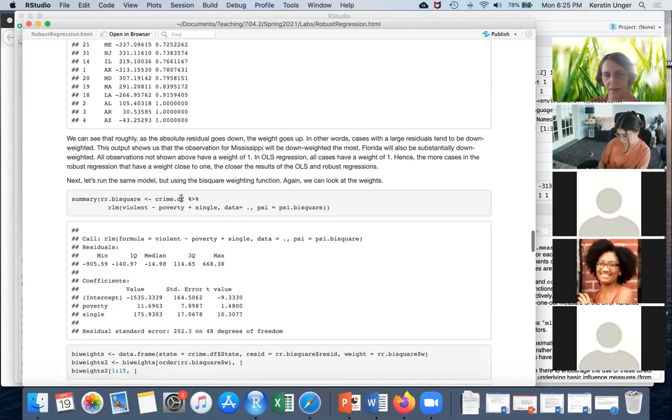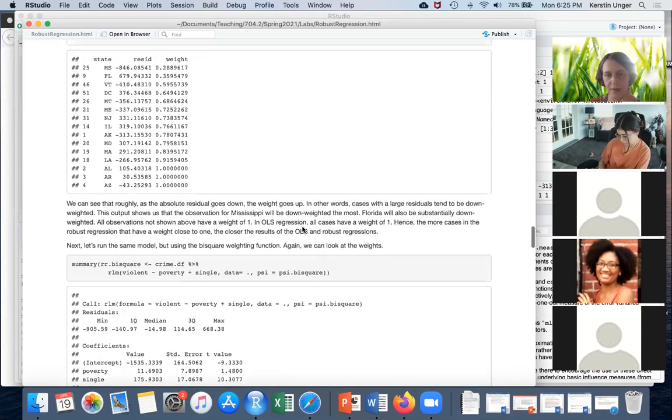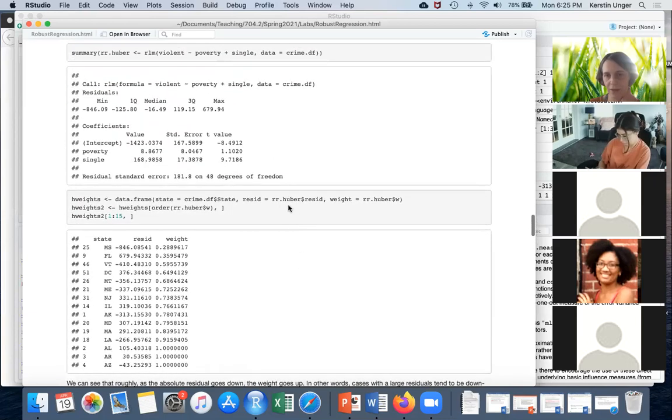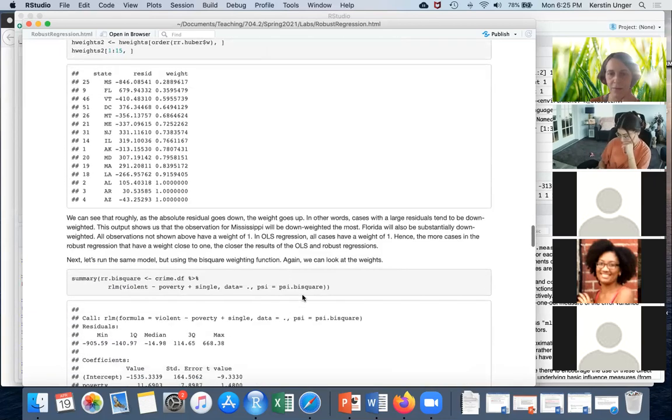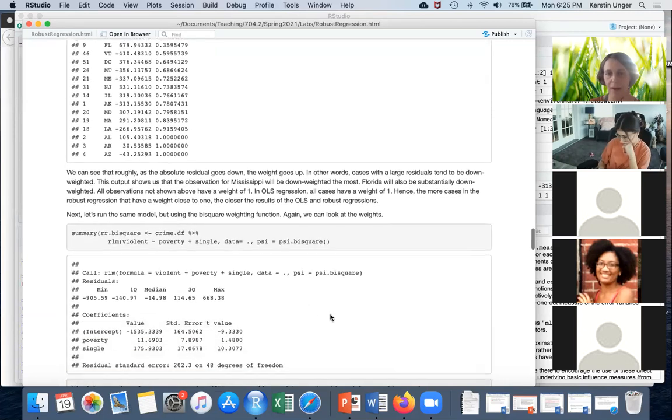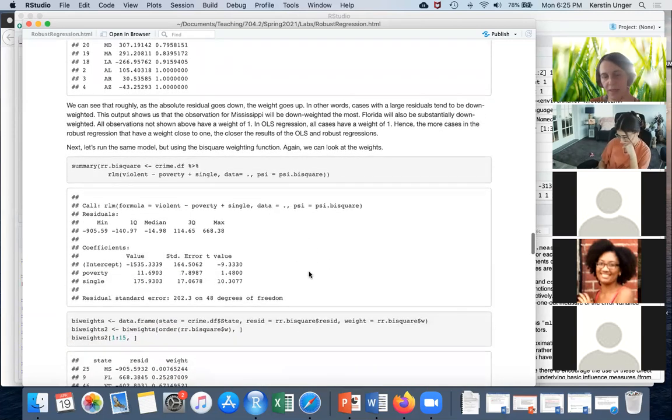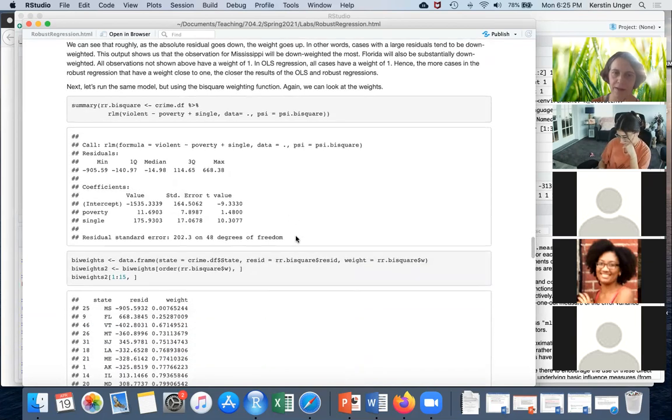This is just for demonstration purposes. We can also use a different method for the weighting function, not the Huber method, but what's called the bi-square weighting function. It does more or less the same thing, just the details are a little bit different, which would go beyond the scope of this class.